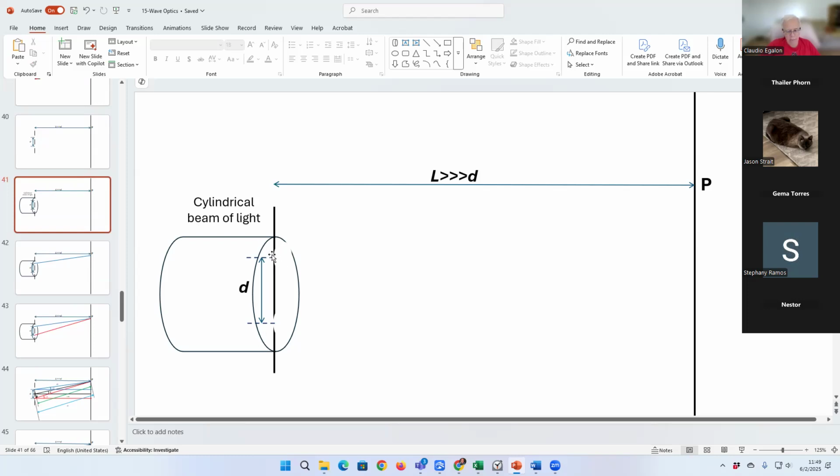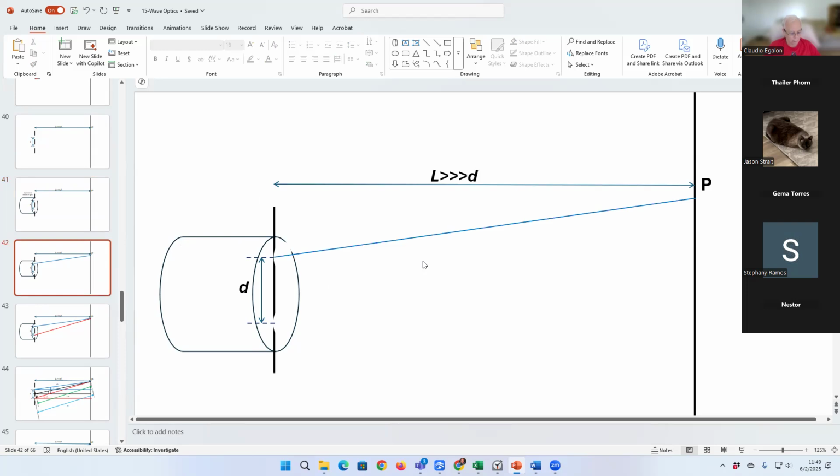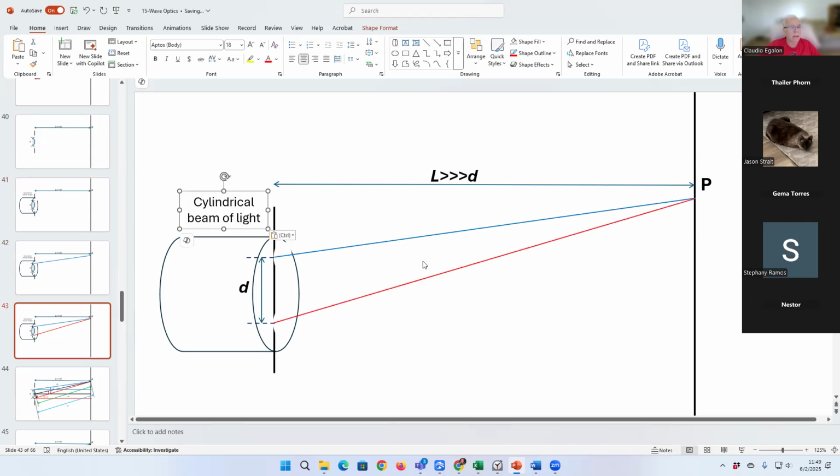The beam of light from a laser has a size. And now I can name it here, name it there.